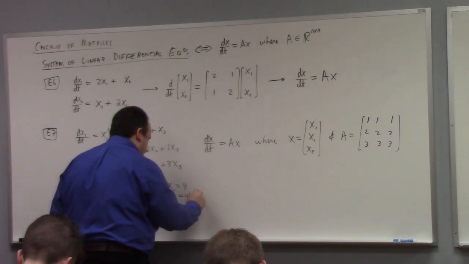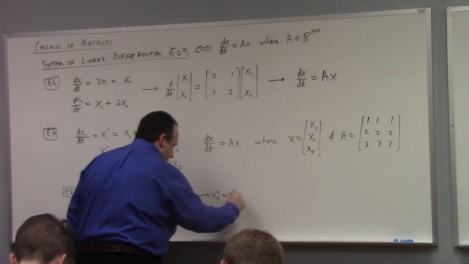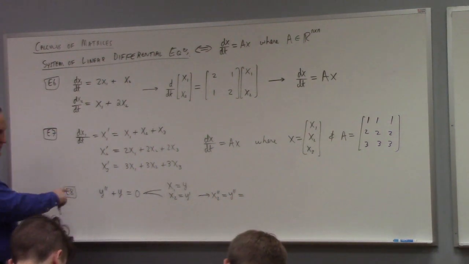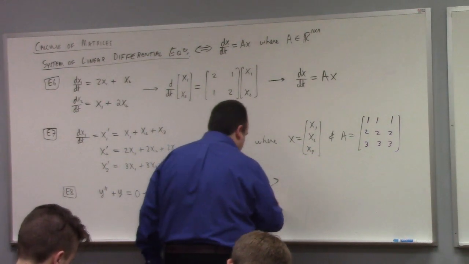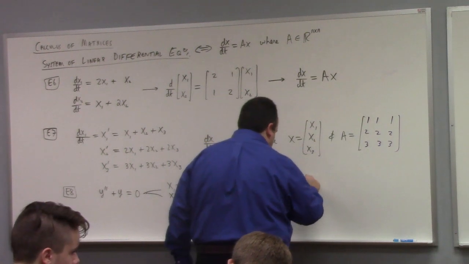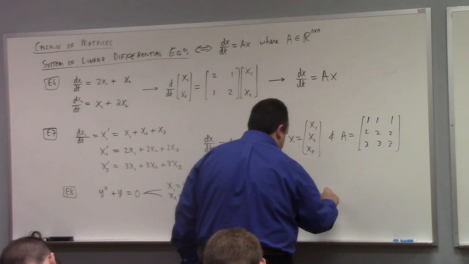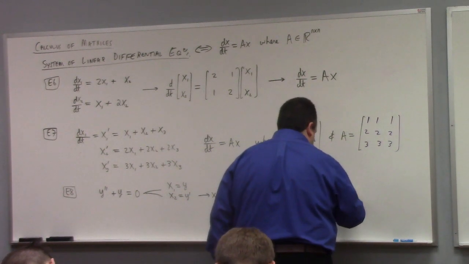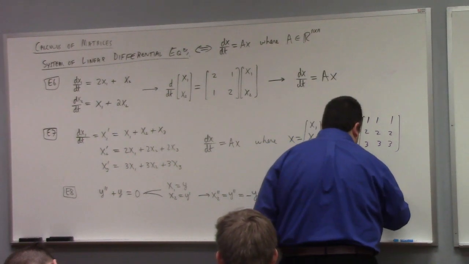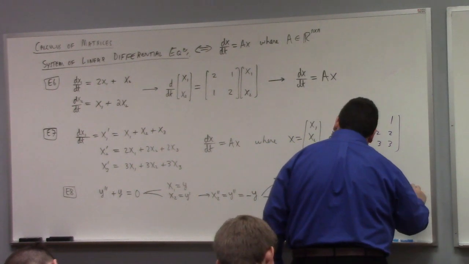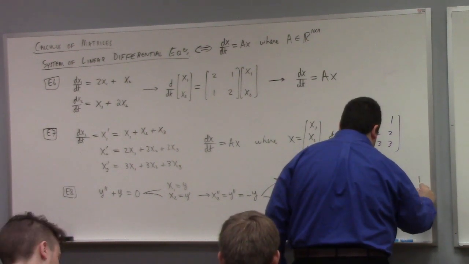So that would tell me that x2' is equal to y'', but y'' is minus y. So lo and behold, we've got x1' equals x2, and x2' equals minus x1, which gives me dx/dt equals Ax with A equals 0, 1, minus 1, 0, I believe.